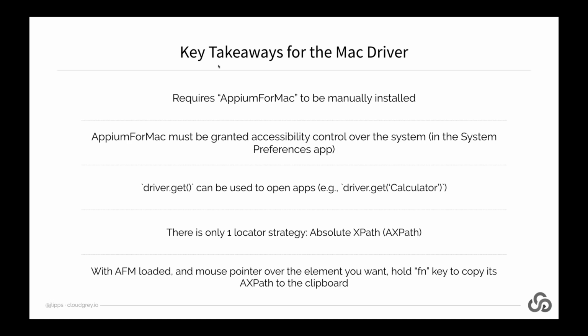So if you're running Appium from the terminal application and you're running a Mac test, then Appium will be running inside the terminal, and it will attempt to start Appium for Mac as a sub-process. So the actual parent process of Appium for Mac is the terminal. That means you have to grant the terminal accessibility control over the system.